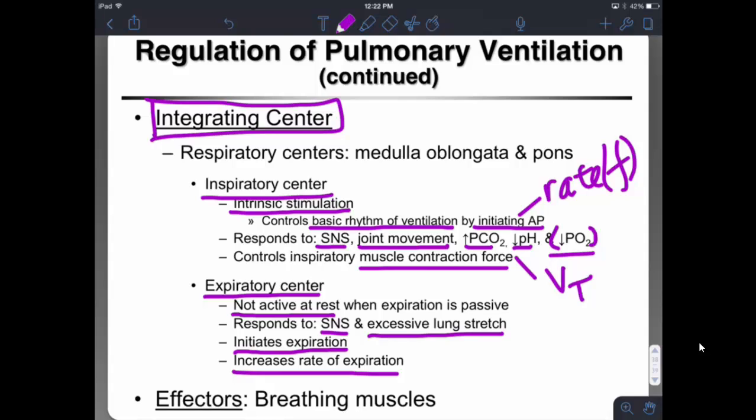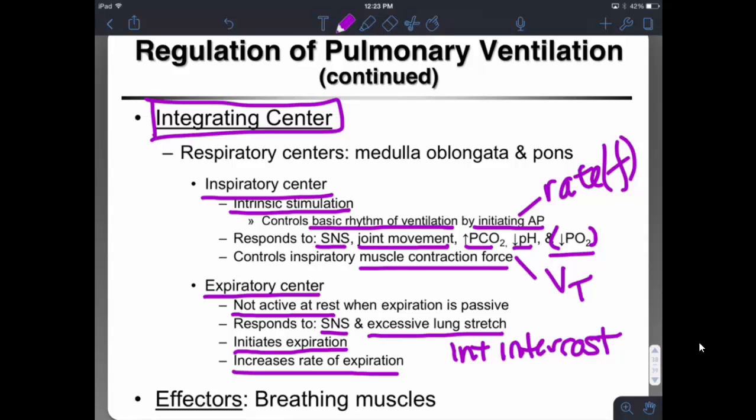However, during exercise, when the need for air is greater, we bring in the expiratory muscles, which are the internal intercostals and the abdominals. When the internal intercostals contract, they pull the rib cage down.